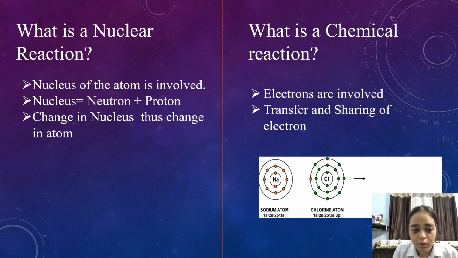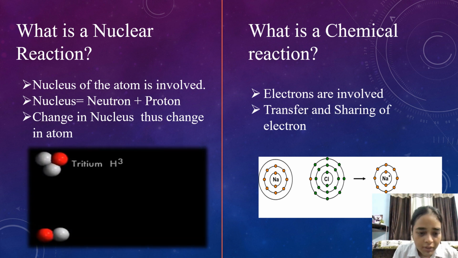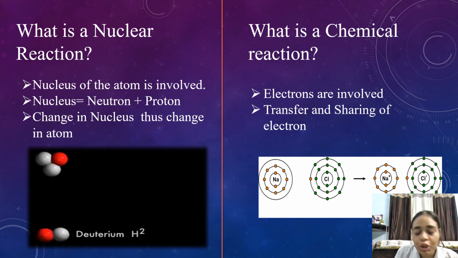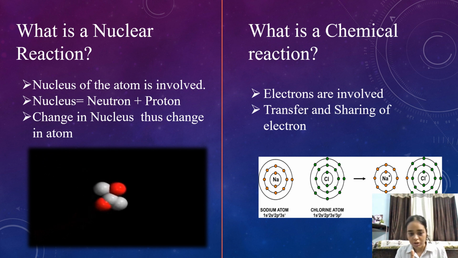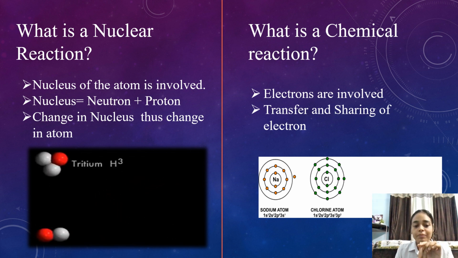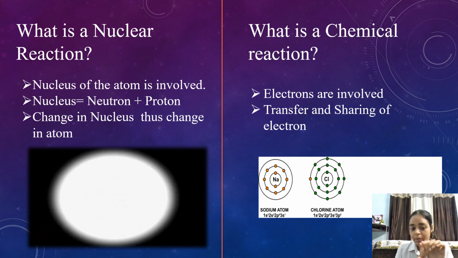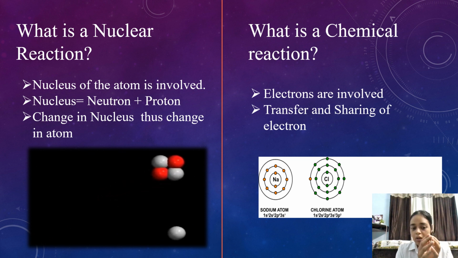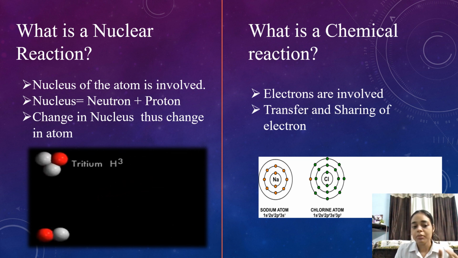So let's see how it takes place. See here, we are taking two isotopes of hydrogen, deuterium and tritium. They have different mass, and the atomic number is the same. So when they collide, what happens? Helium is produced.